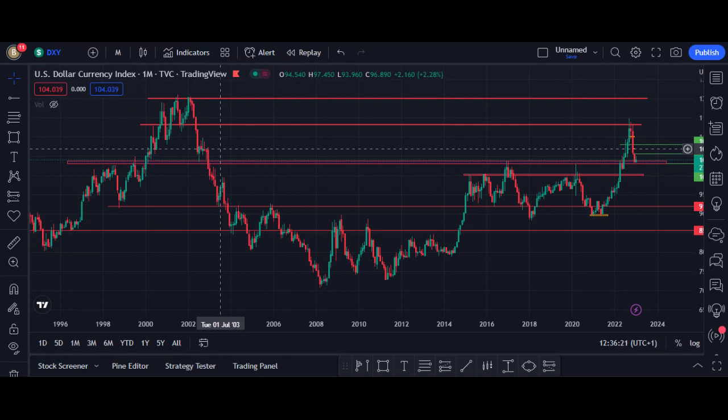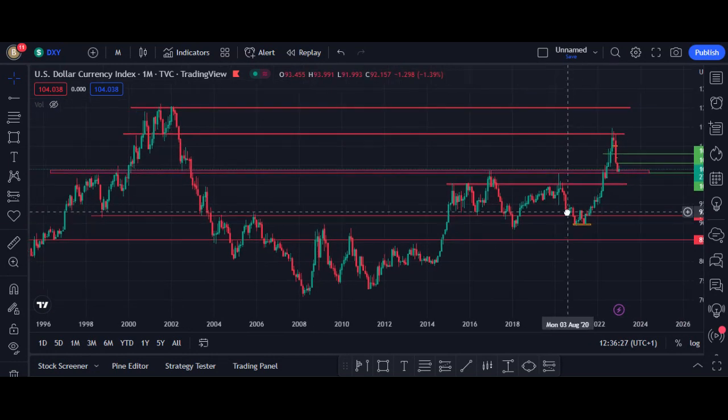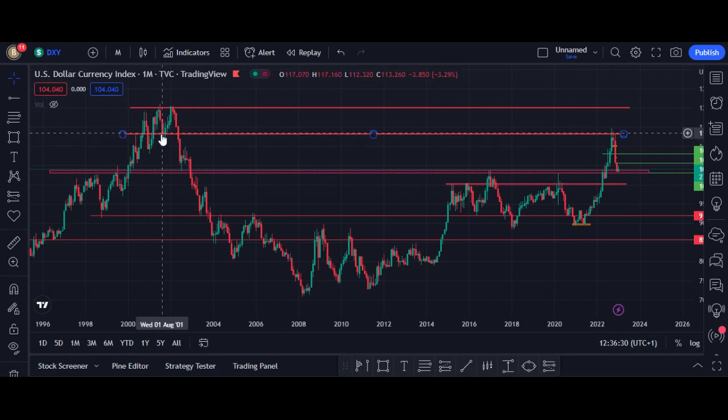So looking at the dollar index, the dollar rejected. What we have here is a head and shoulder from 1st of August 2001, right? This is the neckline of this head and shoulder.